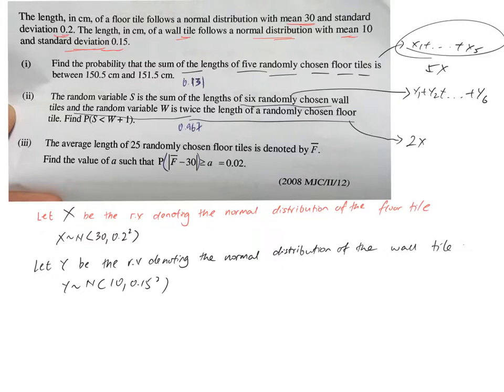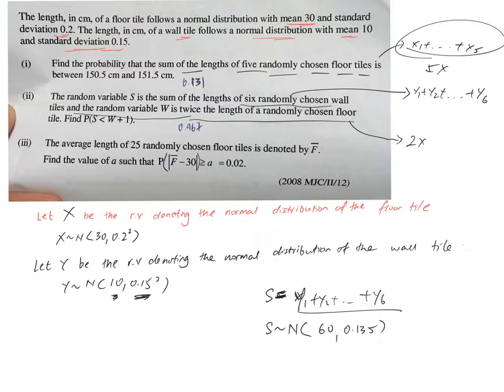So this is S. S will be equal to Y1 plus Y2 plus all the way up to Y6. So what will the normal distribution of S look like? Y takes on the normal distribution with mean 10, so Y1 plus all the way to Y6 should have mean 60, because 6 times 10, and variance 6 times 0.15 squared.